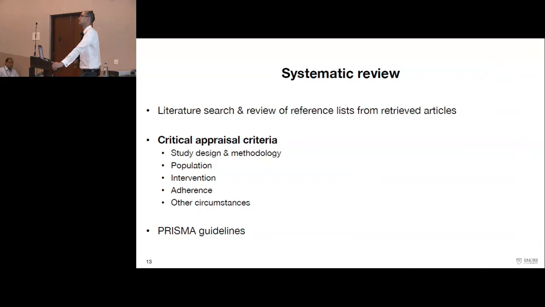Ideally, if you're looking for parameters, if there is a systematic review, that is a much better source of data than a single study. The main disadvantage is that there are not systematic reviews for everything. Sometimes there are not the studies for everything.